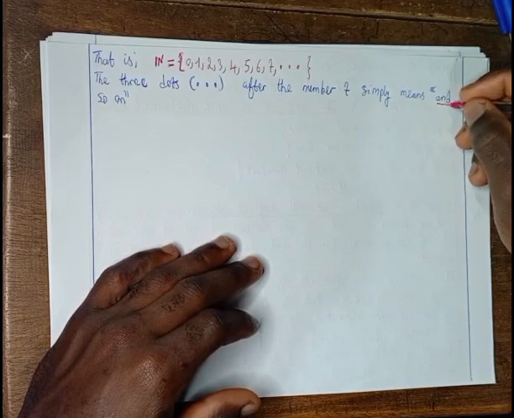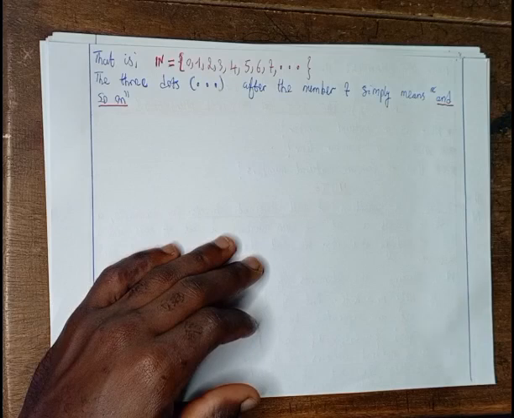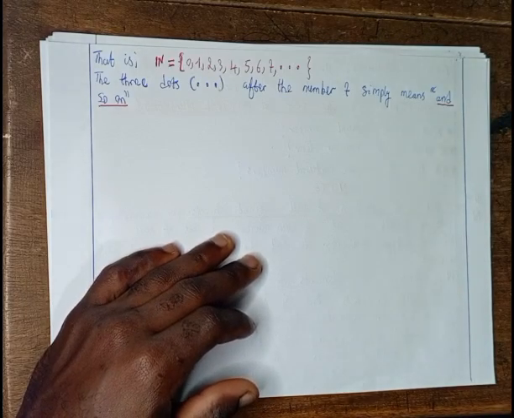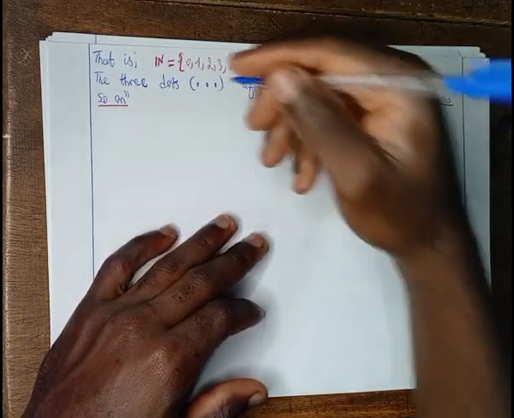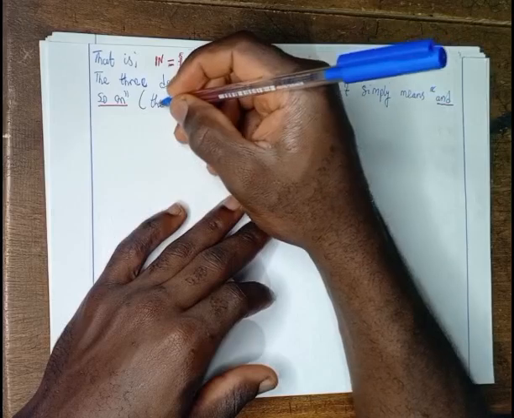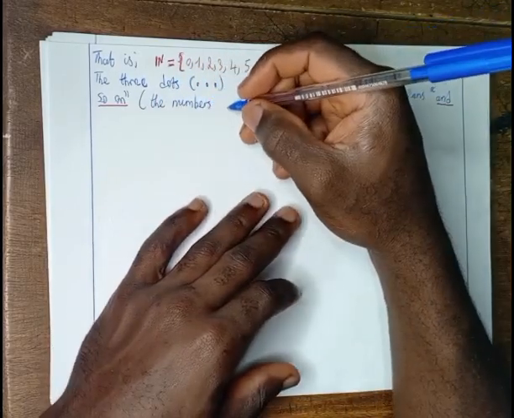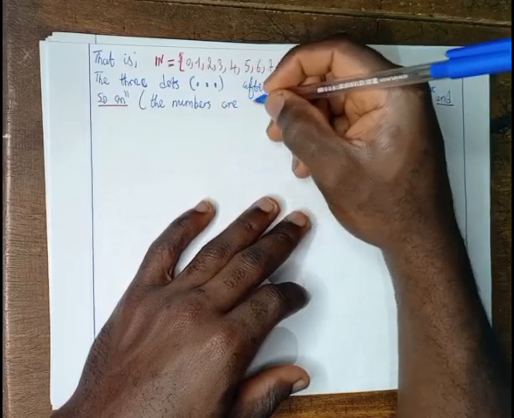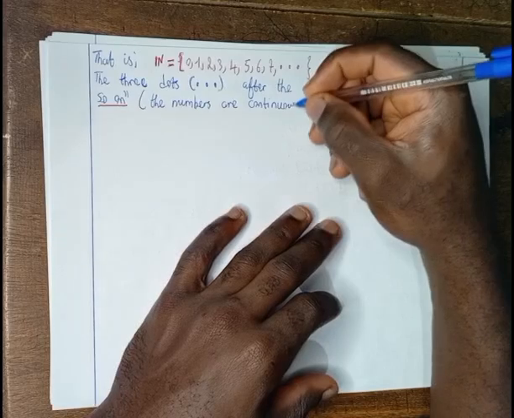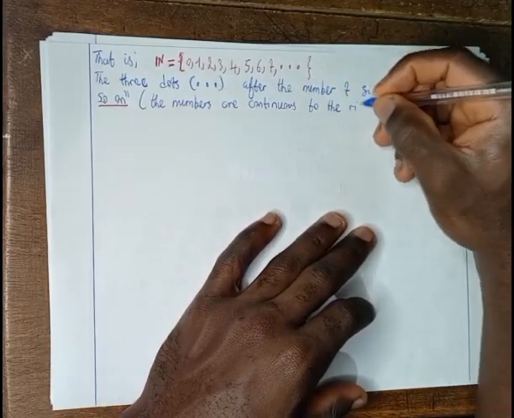Let me underline it. So you can start listing the elements of the set of natural numbers right up to 1 billion. The elements still continue. Then in brackets, the numbers are continuous to the right.